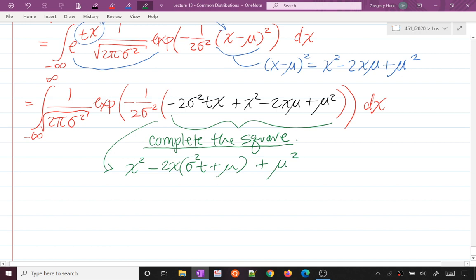So I'm going to say that this thing is equal to the following: (x minus (mu plus sigma squared t)) squared, plus mu squared minus (mu plus sigma squared t) squared.